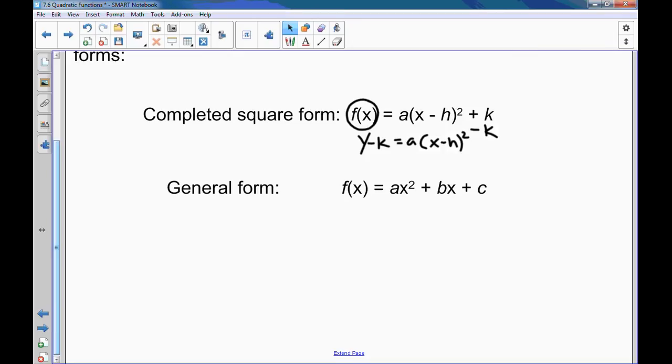This is how we would solve with the quadratic formula, completing the square, factoring. Instead of y, though, it says f of x. So it says f of x equals ax squared plus bx plus c. So we're going to practice graphing both in the completed square form that we did in 7.5, and we're going to work with the general form ax squared plus bx plus c.